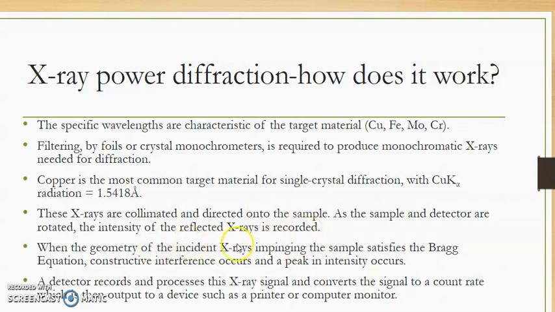When the geometry of the incident X-rays impinging on the sample satisfies the Bragg equation, we get constructive interference and a peak in the intensity occurs. The detector records and processes this X-ray signal and converts it to a count rate, which is then output to a device such as a printer or a computer monitor.